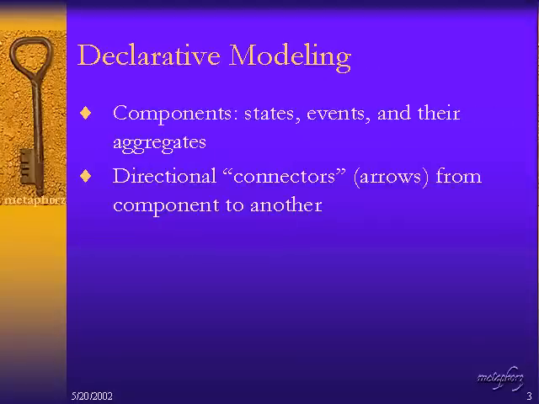Let's start out then looking at declarative modeling by overviewing it. The components of a declarative model include states and events and their aggregates. If we aggregate states or events together, we create abstract container-like groups. For instance, we might cluster together a group of x, y coordinates on the plane to form a living room.